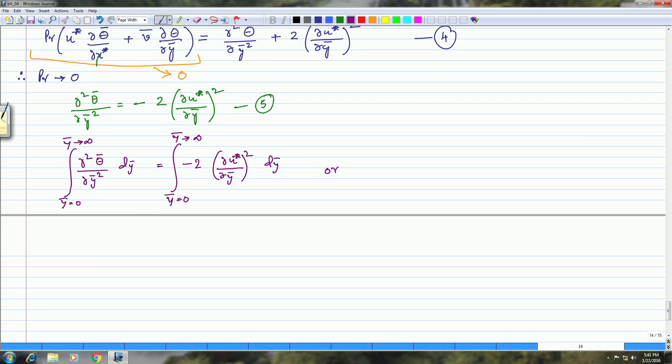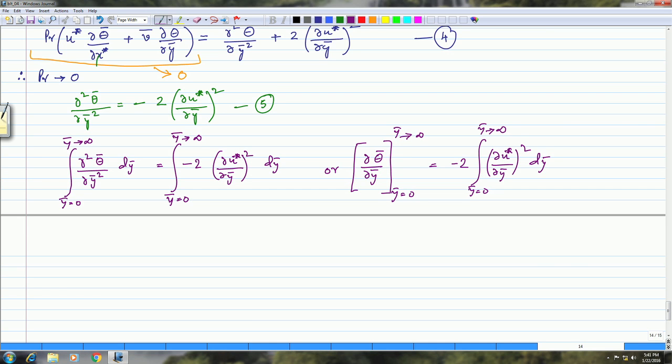If I integrate this, what I basically get is del theta del y between the limits y to 0, which is equal to minus 2 times the integral of del u star del y squared dy. So we will have that.